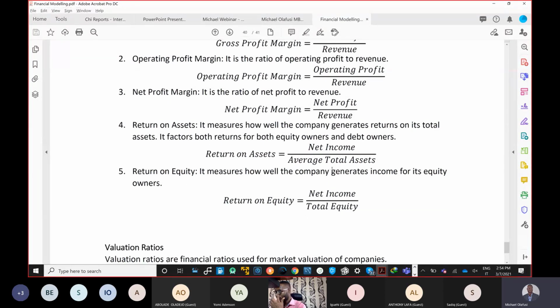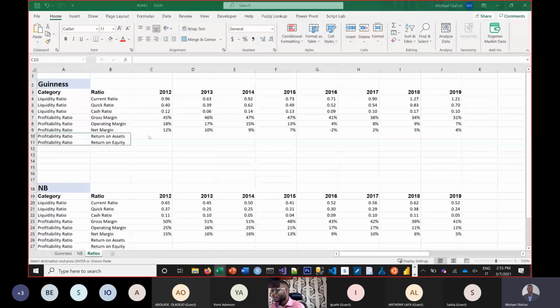So you could find a company that is still turning its total assets into sales and generating products to sell, but if they are not able to keep track of expenses and they are making a loss, then their return on assets will be low, even if their total asset turnover is high. So it is possible to have a very healthy total asset turnover and still have a poor return on assets.